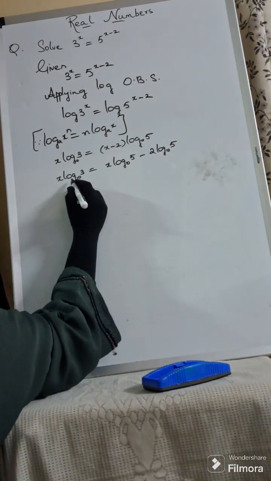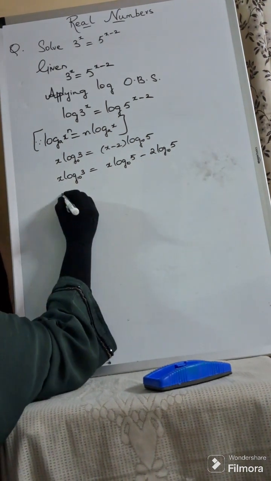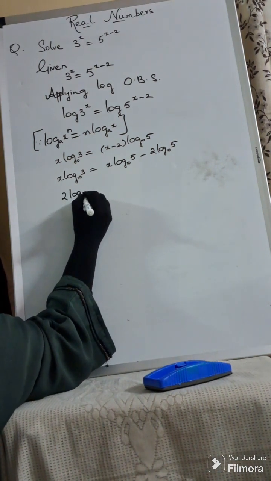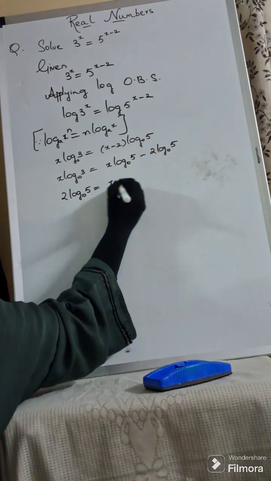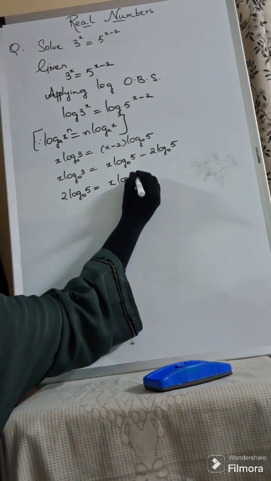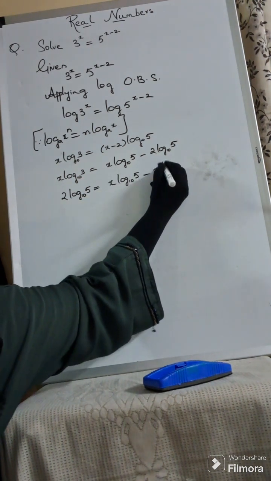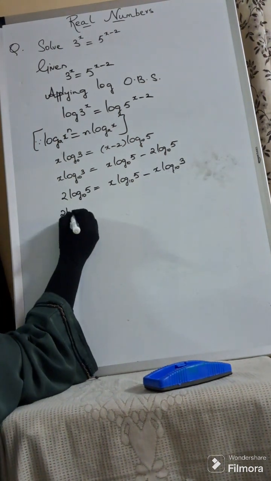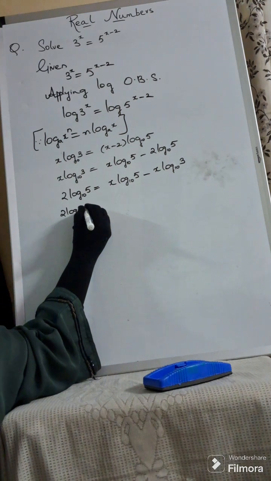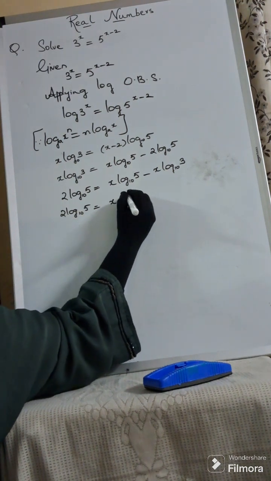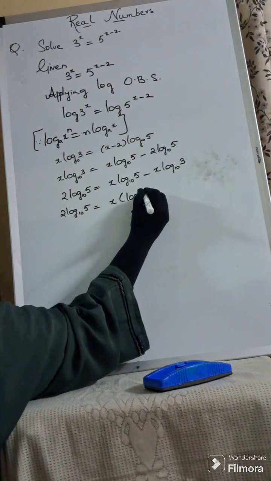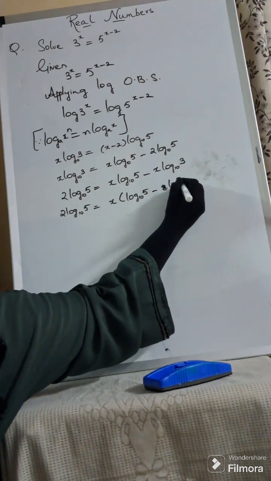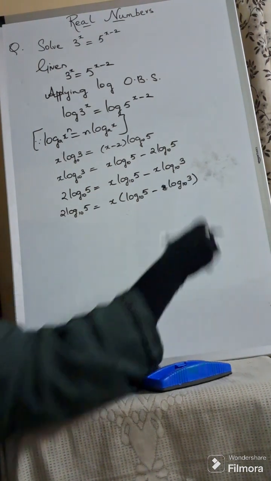Next, I am sending this 3 that side and 2 this side, so the minus sign will become positive. 2 log 5 = x log 5 - x log 3. Now 2 log 5 = I am taking x common, x (log 5 - log 3).